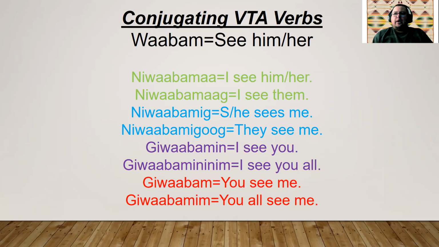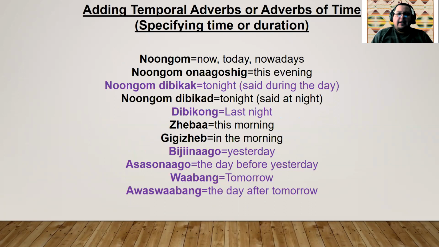On lesson 20, we added tenses, past, present, and future. Lesson 21, we negated those. And now lesson 22, this week, we're going to talk about adding temporal adverbs or adverbs of time, specifying time or duration. And so what you see here is different Ojibwe vocabulary that deals with different times.